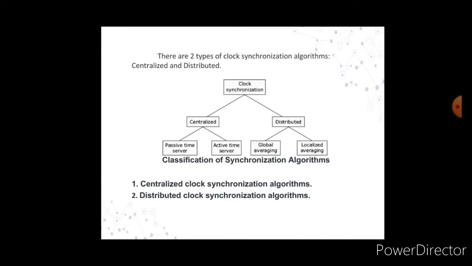Theoretically, internal synchronization of clocks is not required. In practice, due to inherent inaccuracy of real-time clocks, different real-time clocks produce different times. Internal synchronization is performed for better accuracy. These types of internal synchronization, that means distributed clock synchronization algorithms, are global averaging and localized averaging.